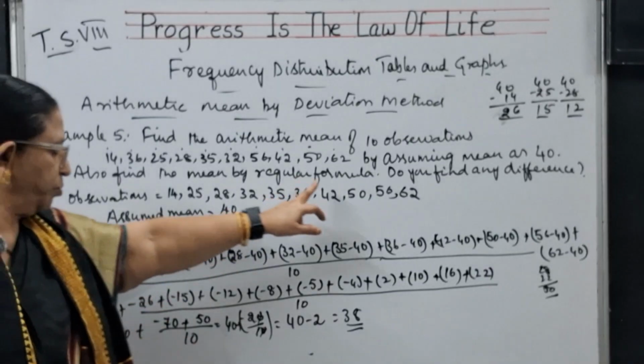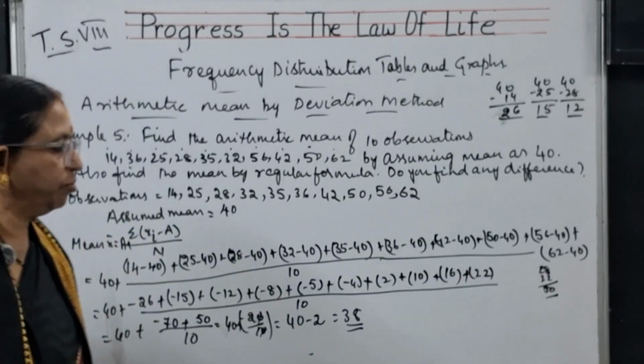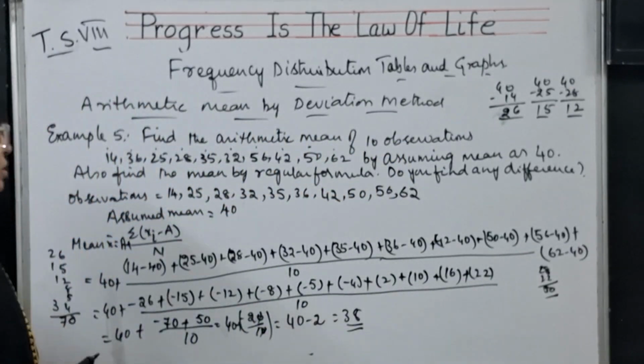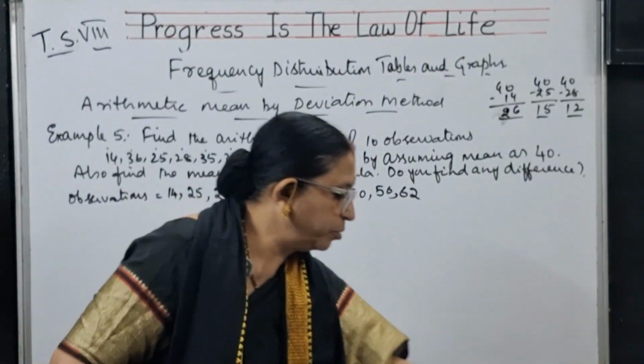I need to do this problem again using the regular formula, so please note it down. The mean we have got is 38. Remember this. Now let us calculate by the regular method, children.